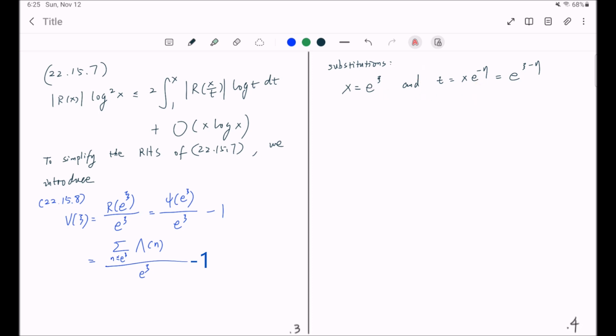How is this substitution reflected in the integral? For the limit, when t goes from 1 to x, eta will go from psi to 0.